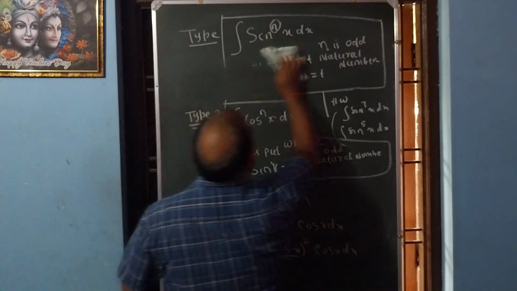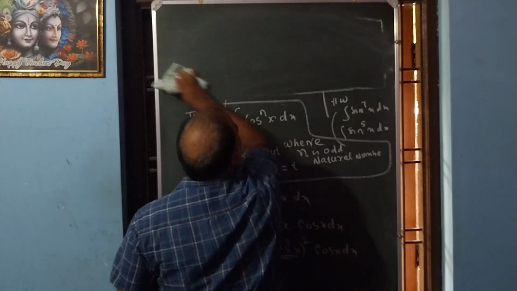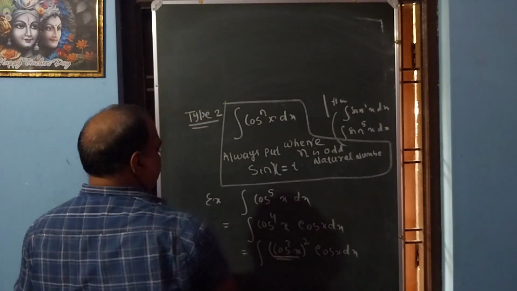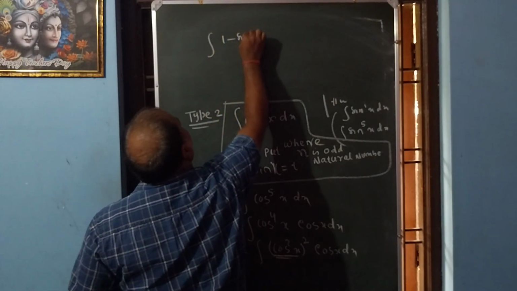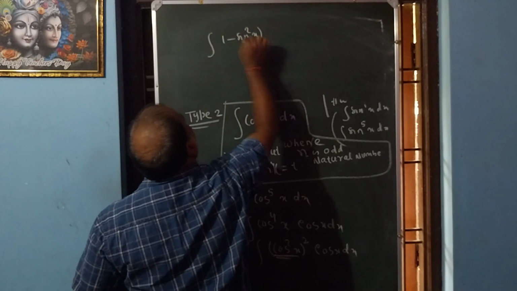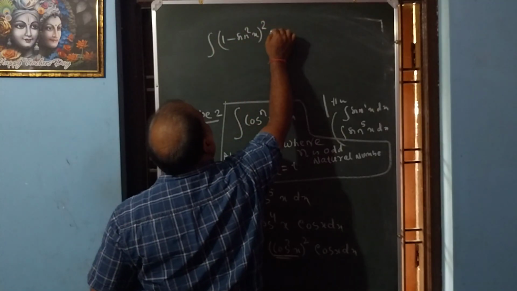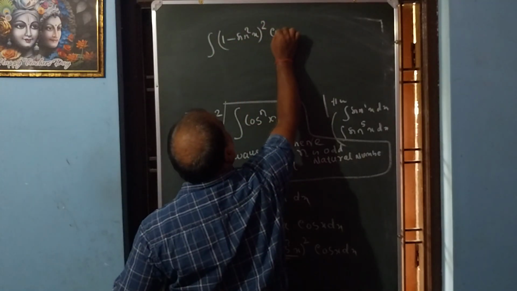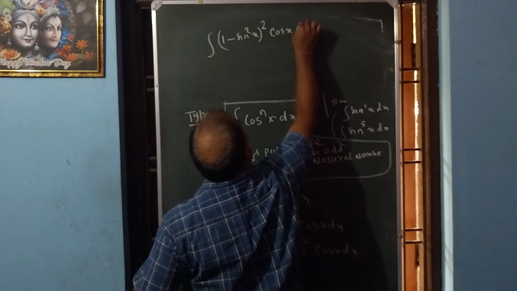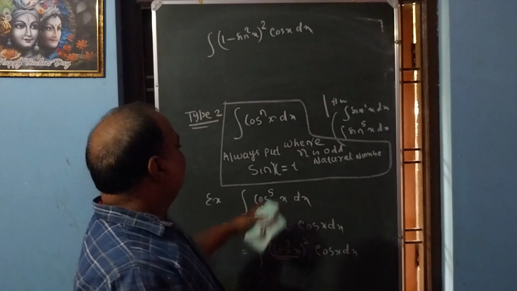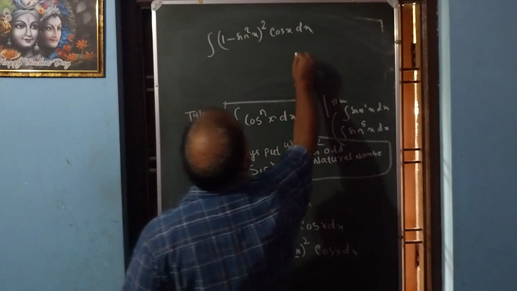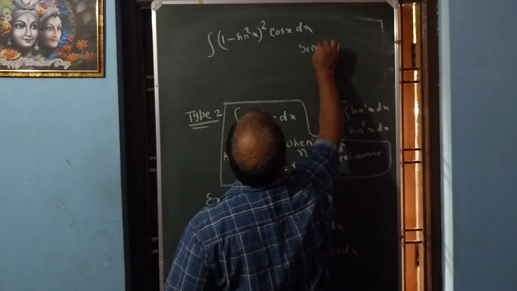Okay? So write down integration of (1 minus sin^2 x) whole squared into cos x dx. Then we have to put sin x is equal to t. Write down sin x is equal to t.